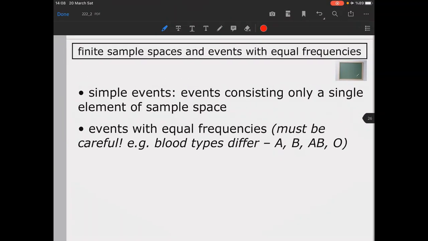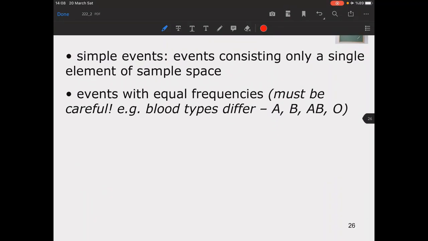Because when you pick a random person from the population, the probability that he is a particular type of blood is not directly 1 over 4, because they do not have equal frequencies.